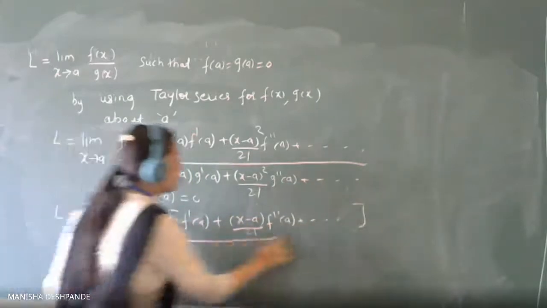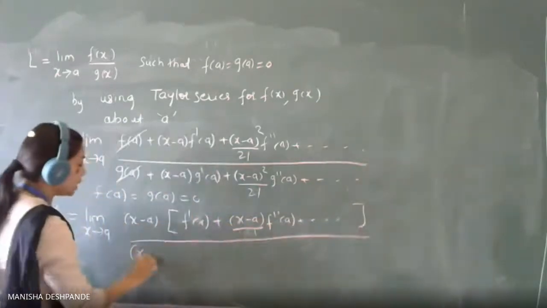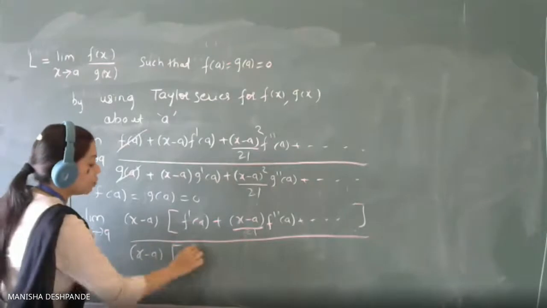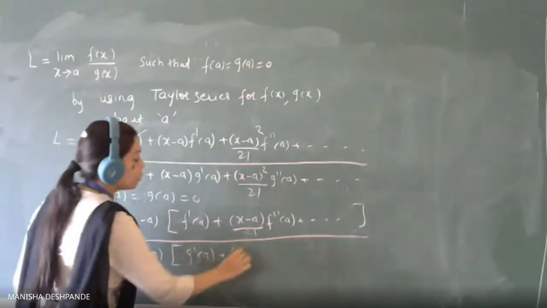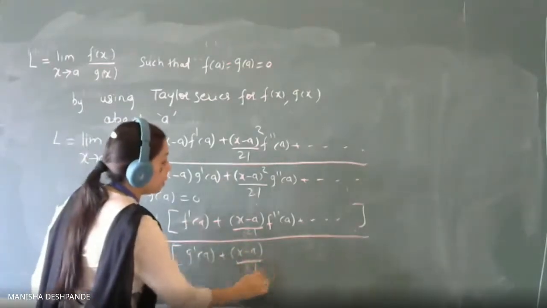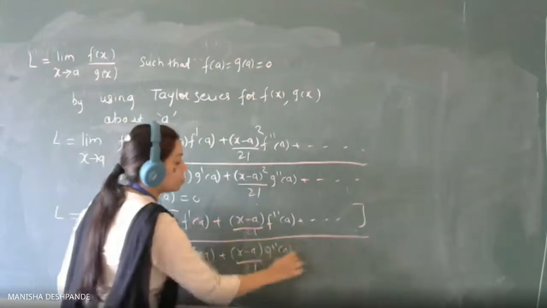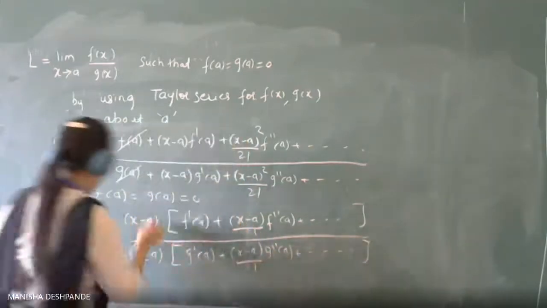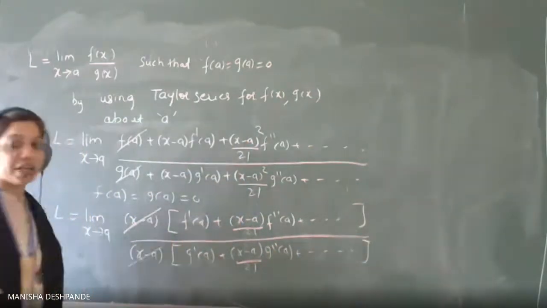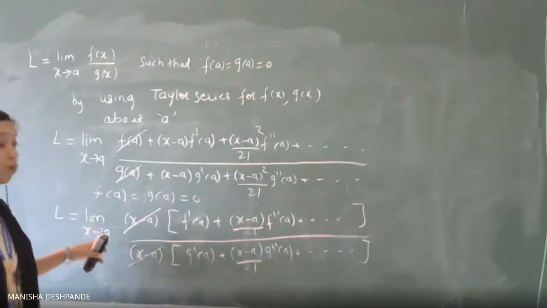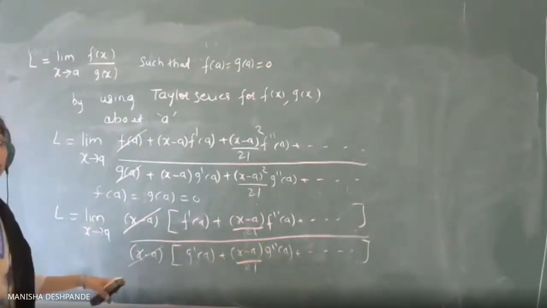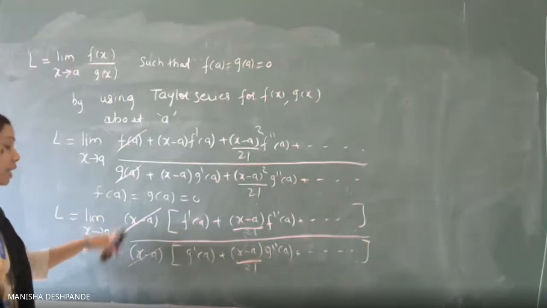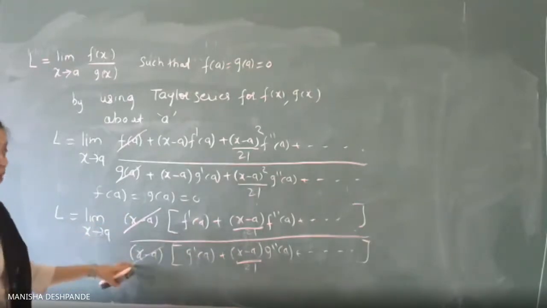Denominator will be g dash of a plus x minus a upon 2 factorial g double dash of a plus and so on. So this x minus a, which is approaching 0, is getting cancelled. I am not doing division by 0, I am cancelling out the approachment. So x minus a is gone.